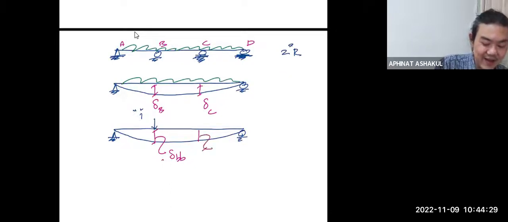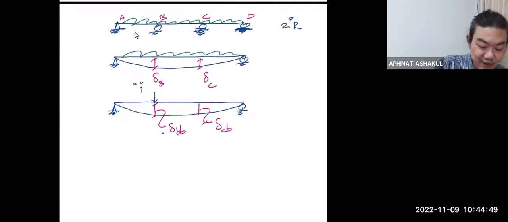So here will be the deflection at C due to the unit load at B. That's why we have the subscripts. You need to calculate both, right? Because your RB will cause the deformation at B itself and at C as well.